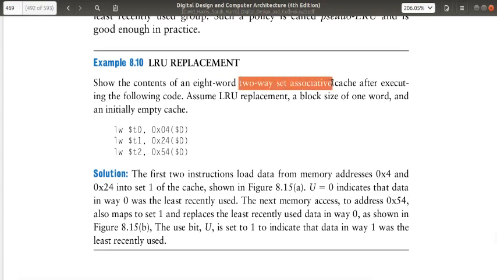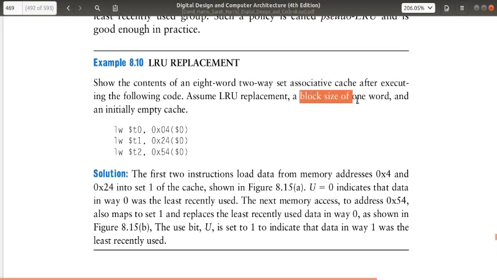That is, each set will have 2 blocks, and the block size is 1 word only. This is the same cache memory that we have used earlier. The value of U will denote which is the least recently used block.